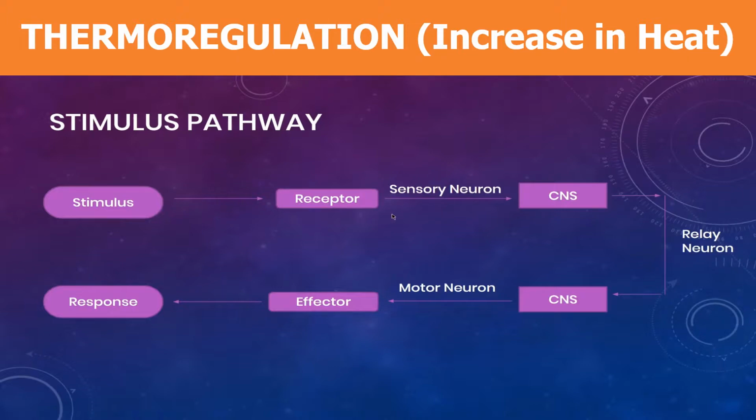These impulses are then transmitted via neurons to the central nervous system, where decision-making occurs. When a response is selected, consciously or unconsciously, the signal is transmitted via neurons to the effectors, which is basically the relevant body parts. And then lastly we have the response, which is a change in the organism resulting from the detection of a stimulus.